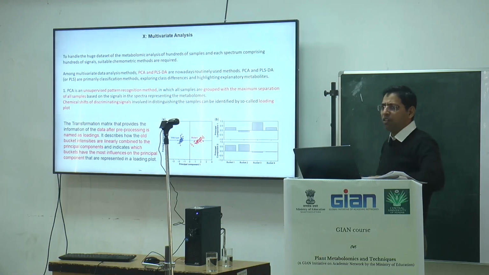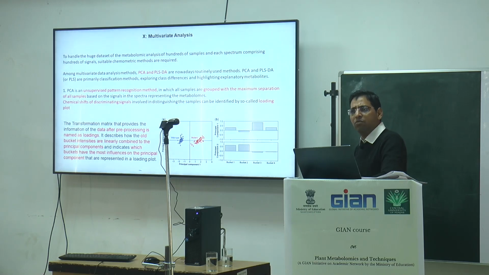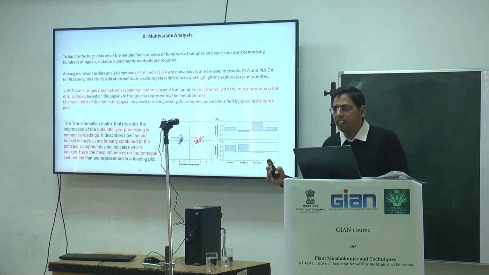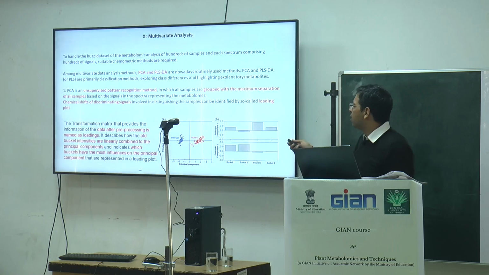I have only a few slides for this. Basically we use 2 different types of multivariate analysis: first is unsupervised and second is supervised. What is the meaning of unsupervised? Take the example of PCA, Principal Component Analysis, an unsupervised pattern recognition method. We group the samples we collected based on the signals representing the metabolome.